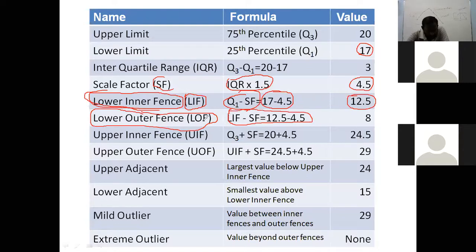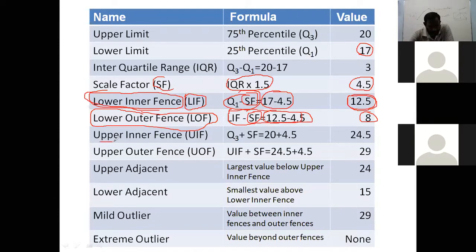Or otherwise we can say Q1 minus 2 scale factor, the same thing, because here we are deducting the scale factor again. So the lower inner fence value of 12.5 minus the scale factor, we end up with 8. So the lower outer fence is 8 for the given data.